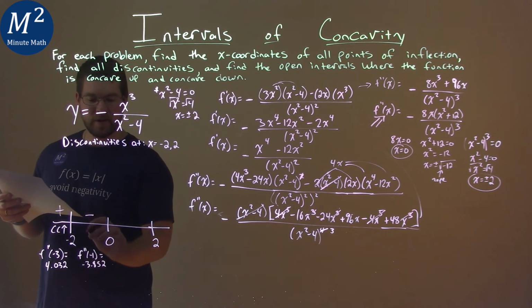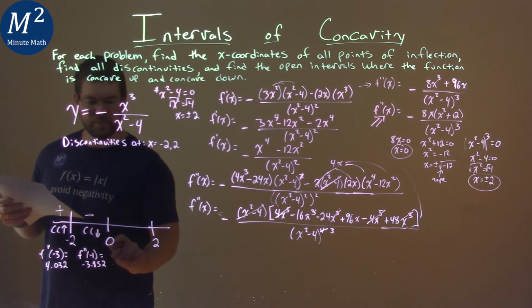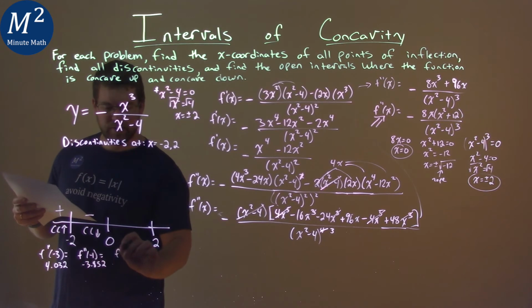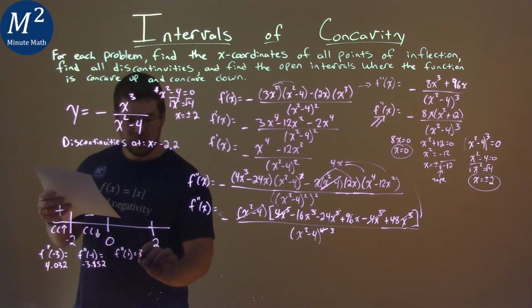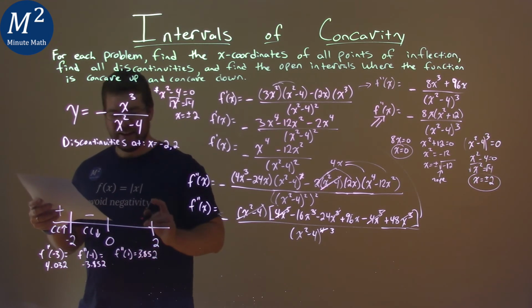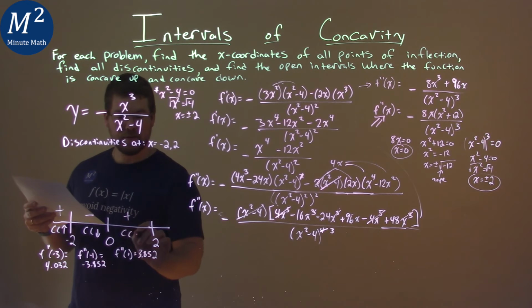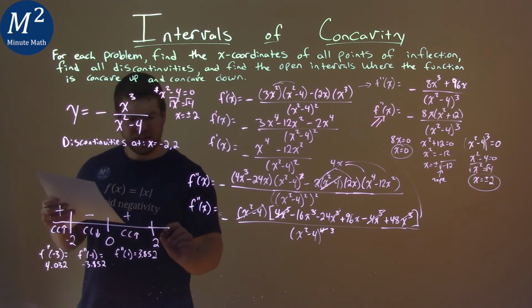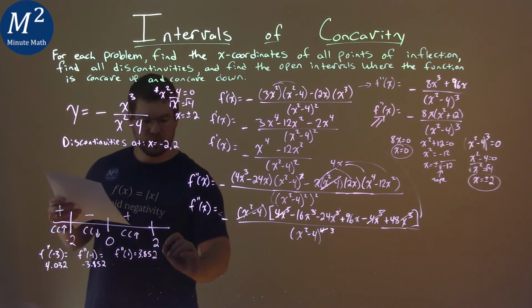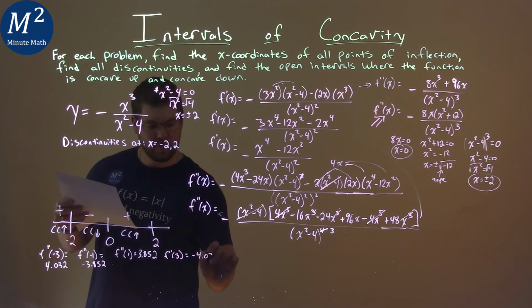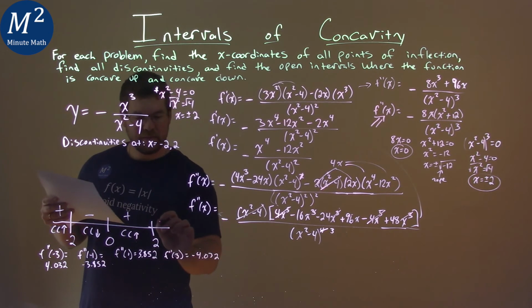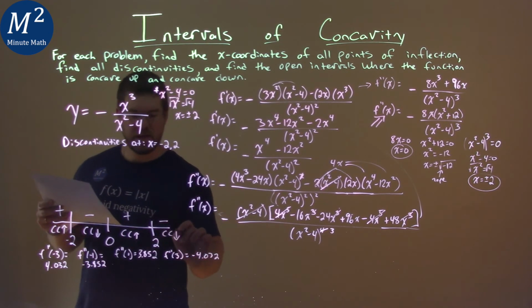It's negative, that's all I care about, concave down. Between 0 and 2, I found f double prime of 1, and that came out to be 3.852, and that is positive, so we're concave up here. And greater than 2, I picked 3, so f double prime of 3 is -4.032. That's a negative value, we're concave down here.